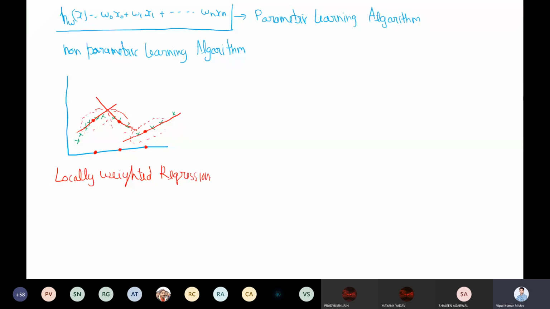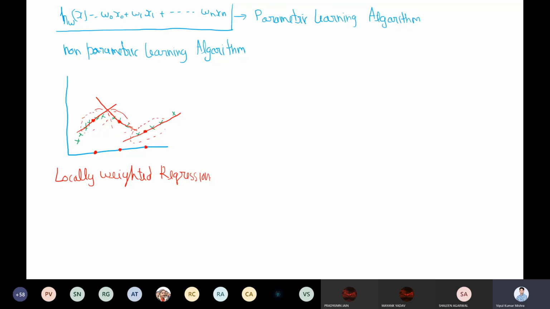We will see in the next lecture, not in this lecture, how we'll make such kind of algorithm, that is, the locally weighted one. That will focus on the local part, and it will have very little focus on the far away points. It has more focus on the local points. We will see how we'll develop an algorithm that will create a local inference tool.